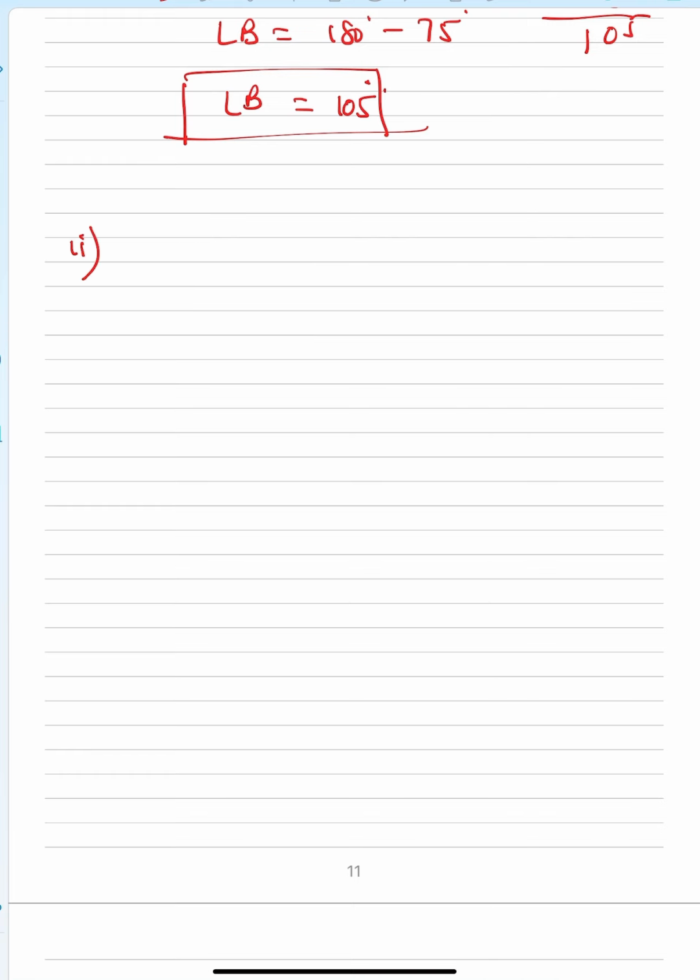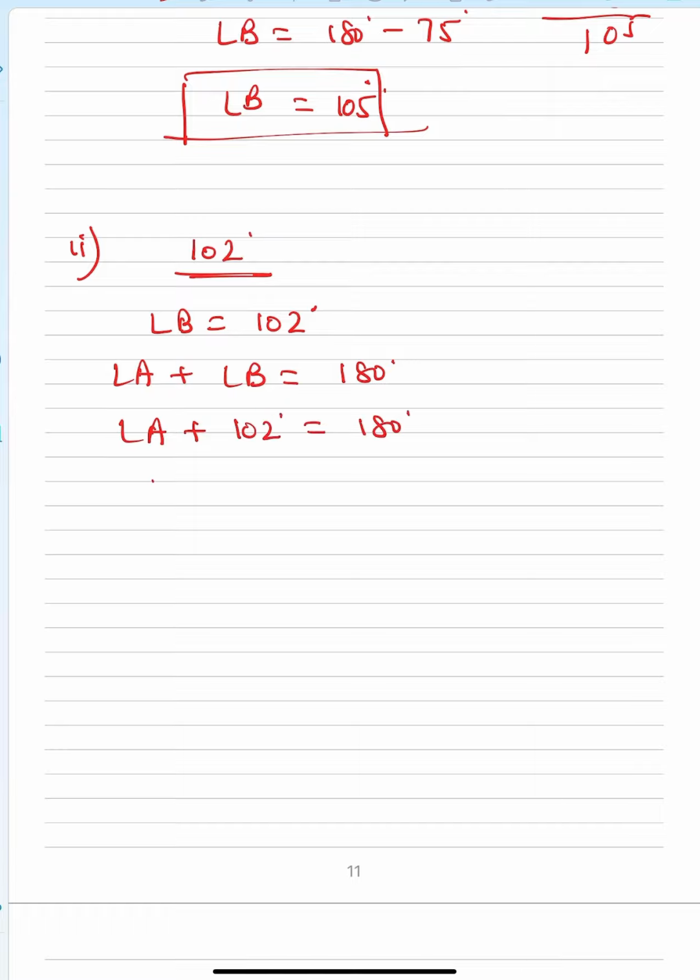Let me take one more example, that is 102. Let us name this as angle B equals 102 degrees. So angle A plus angle B is equal to 180 degrees. Angle A plus 102 is equal to 180. Angle A is equal to 180 minus 102. Correct? Let us calculate this. So angle A will be 78 degrees.